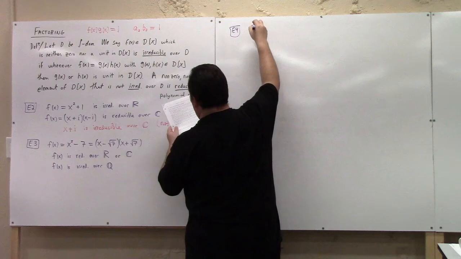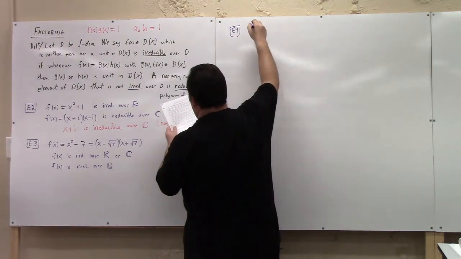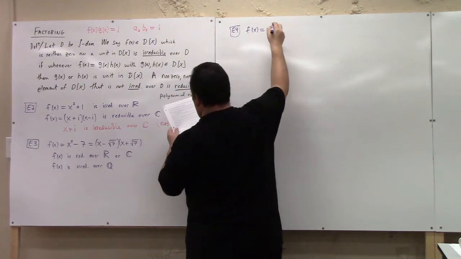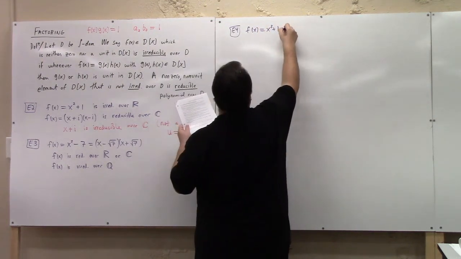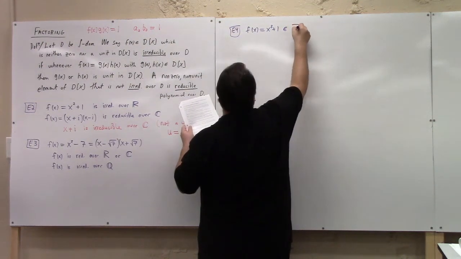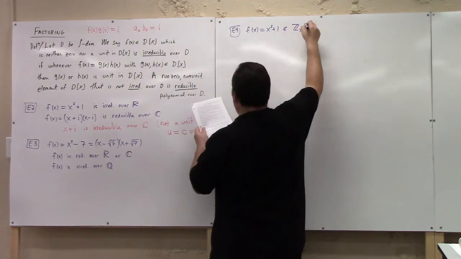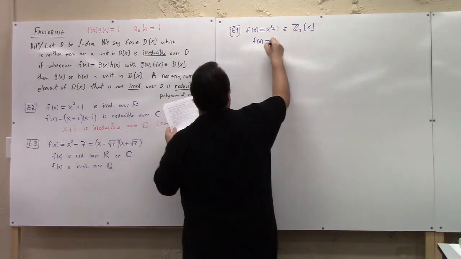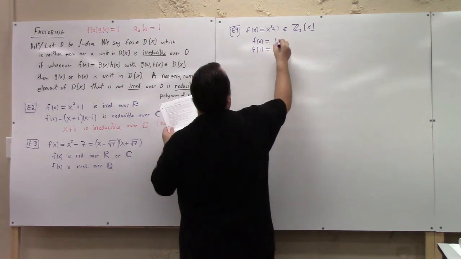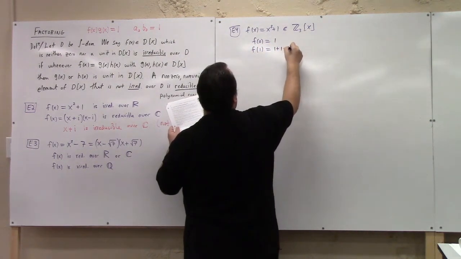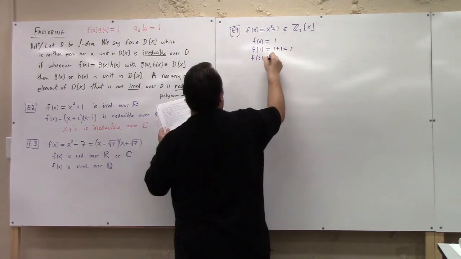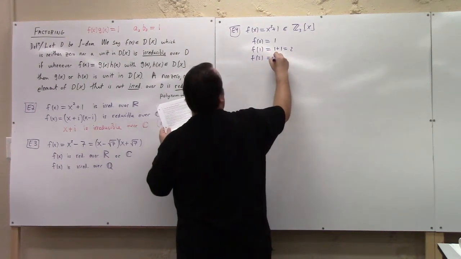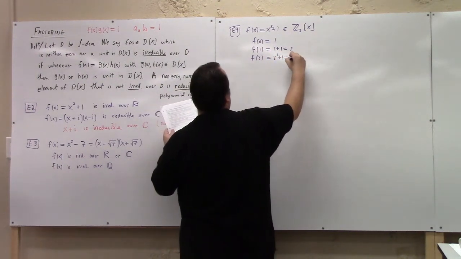Example 4. Here, again, we're going to consider f of x equals x squared plus 1. And this time we're going to look at it as an element of Z3[x]. So notice that f of 0 is 1, f of 1 is 1 plus 1, which is 2, and f of 2 is 2 squared plus 1, which is 5, which is 2.